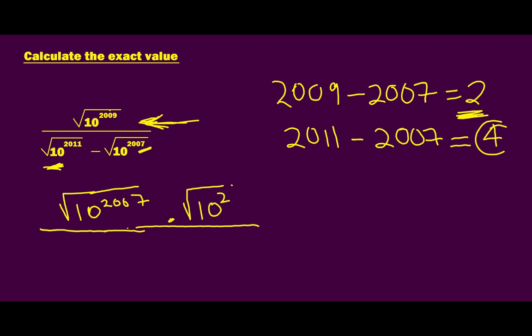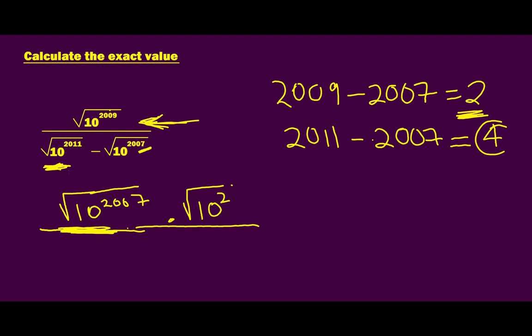Then we're going to use this term also as our new term within the multiplication of taking out the factor, which in the numerator we have this square root of 10 to exponent 2007.